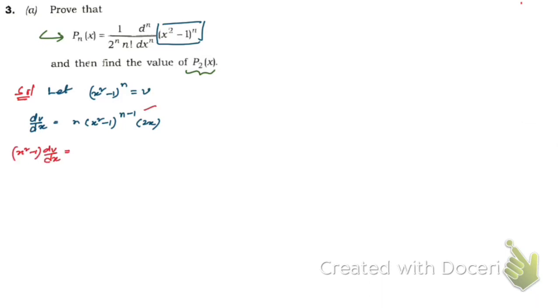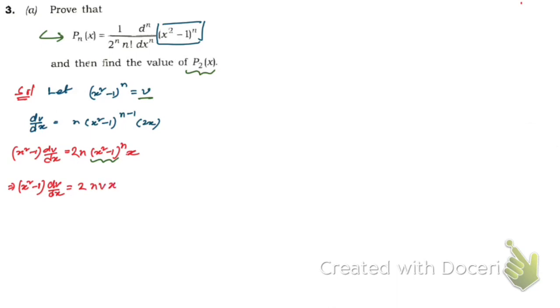And if you multiply here also x square minus 1, then this power is going to be n, n into x square minus 1 whole to the power n. Then you can write this as twice x, right? So now you can see, again, instead of this part we can write v, right? So that's why we can write x square minus 1 dv by dx is equal to twice n v x. That's what we will get.